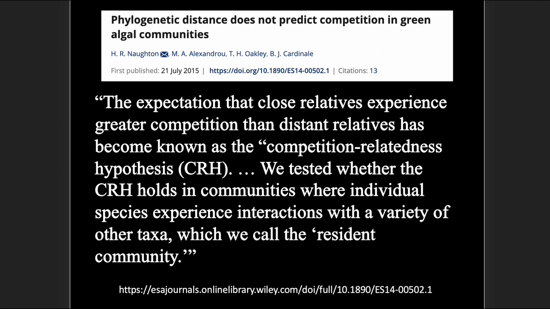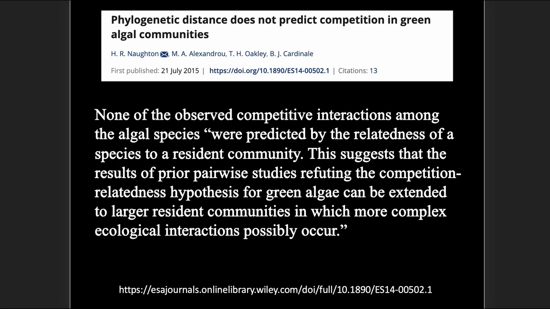"We tested whether the CRH holds in communities where individual species experience interactions with a variety of other taxa, which we call the resident community." So the other earlier studies were just two species commingled together. Here, they're adding more species. Continuing, "None of the observed competitive interactions among the algal species were predicted by the relatedness of a species to a resident community.